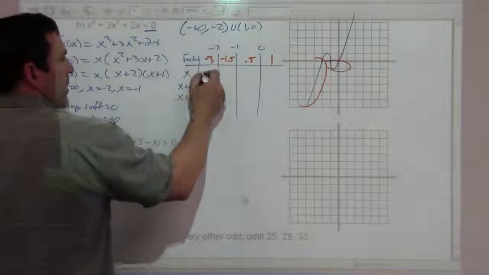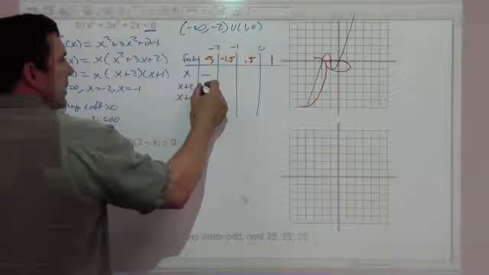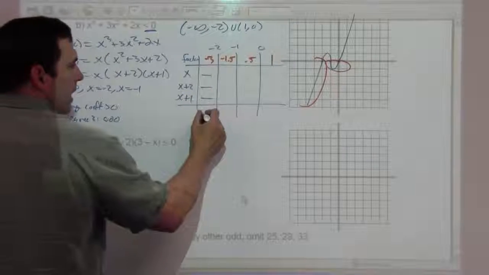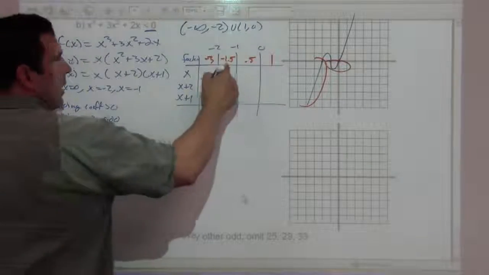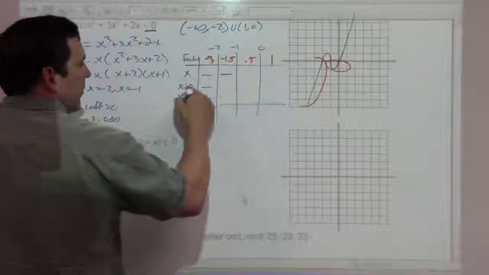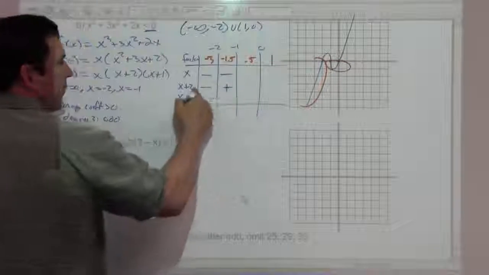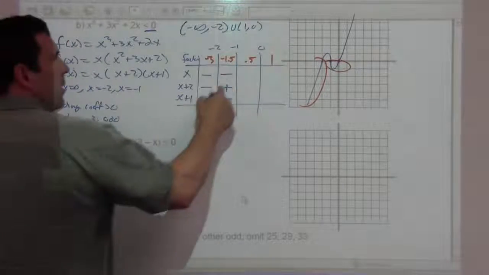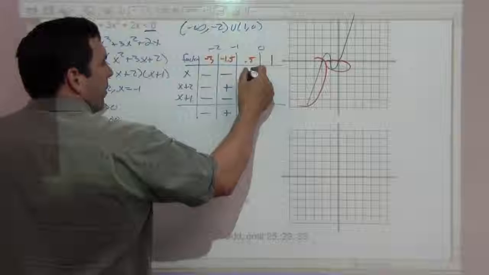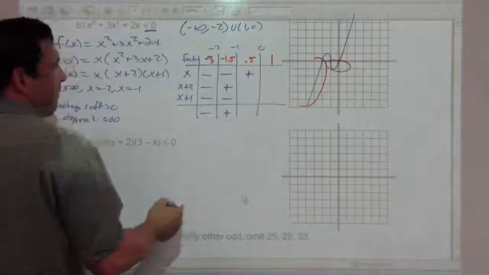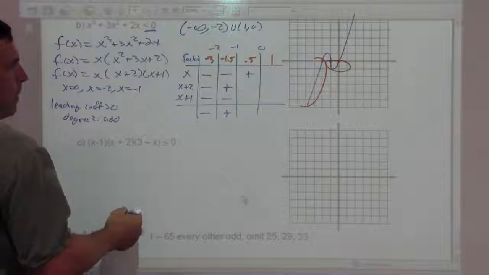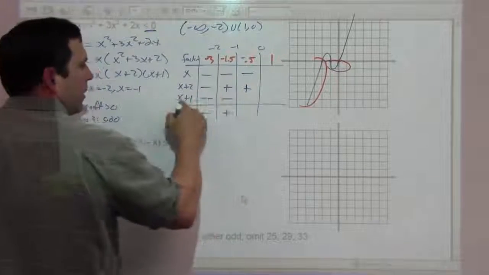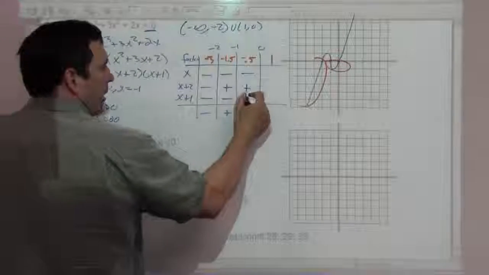You put negative 3 in here, that's negative. Put negative 3 in here, that's negative. Put negative 3 in here, it's negative. A negative times a negative times a negative is a negative. Put negative 1.5 in here, that's still negative. Put negative 1.5 in here, it becomes positive. Putting negative 1.5 in here, it's negative. That's a positive result. Putting negative 0.5 in there, you're going to have negative, positive, and negative 0.5 in here, you're going to get positive.